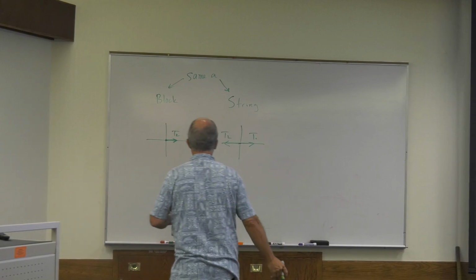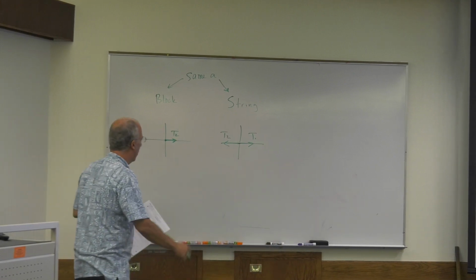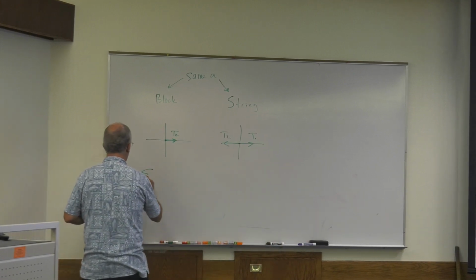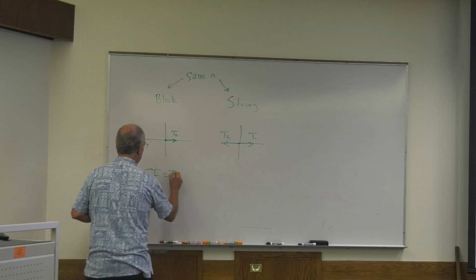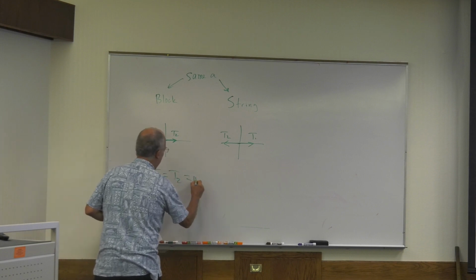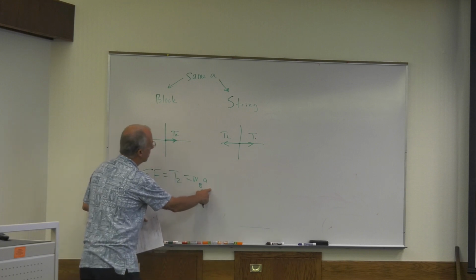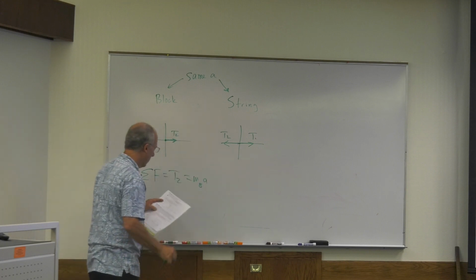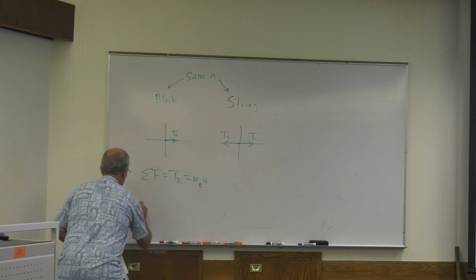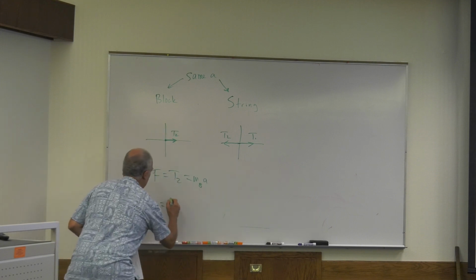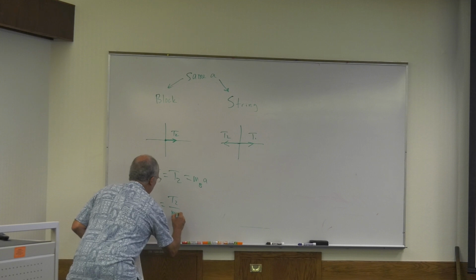All right, so let's use Newton's second law. The sum of the forces on the block equals T2, and that equals m block times A. I don't have to subscript the A because it's the same. Therefore, A equals T2 over m block.